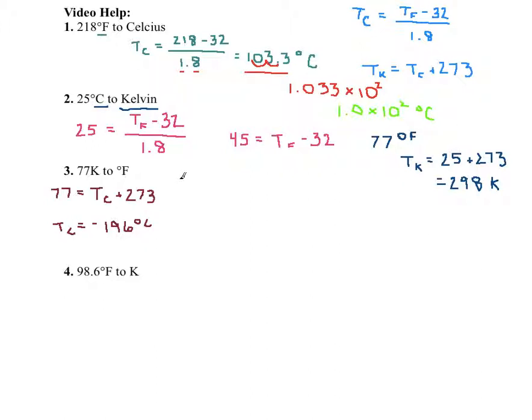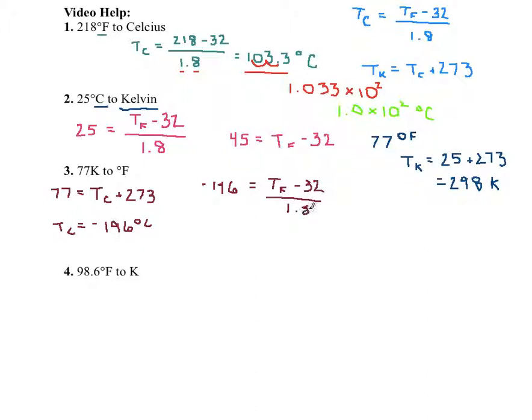Then I need to get into Fahrenheit. So I'm going to plug it into this formula right here. So I've got negative 196 equals TF minus 32 divided by the 1.8.